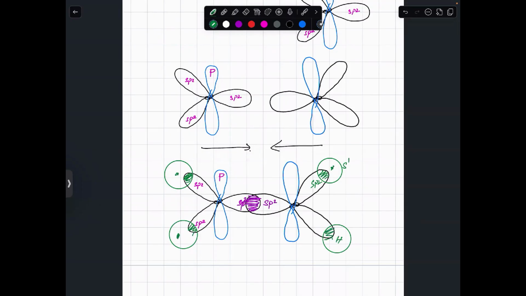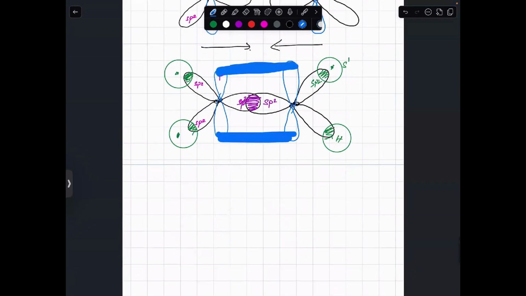Now, you know what happens? They overlap sideways, making pi bond. Look. So, carbon, carbon. This is sigma bond. Sigma. Single is always sigma. You know this.